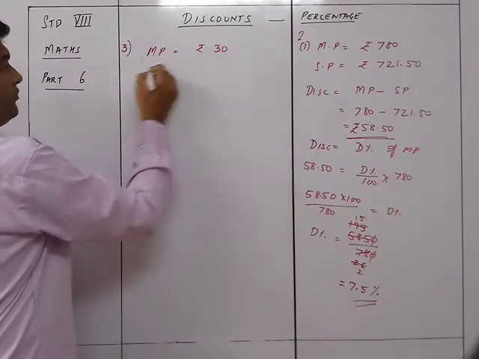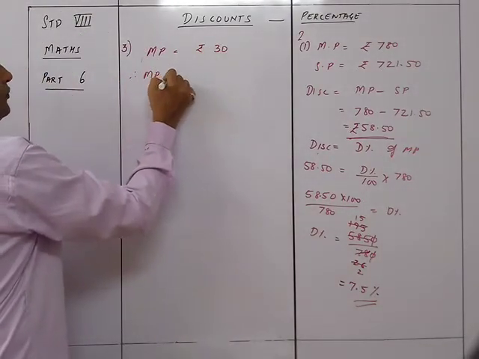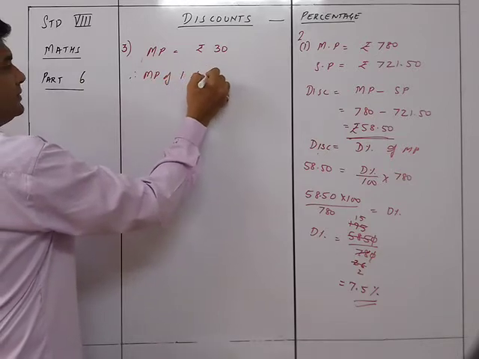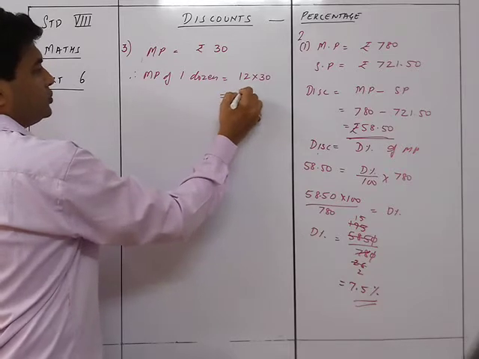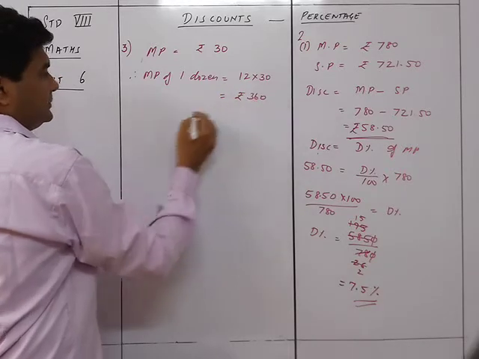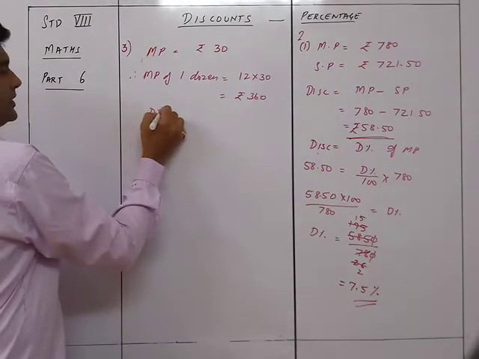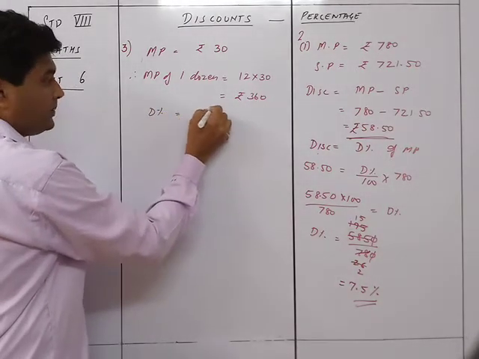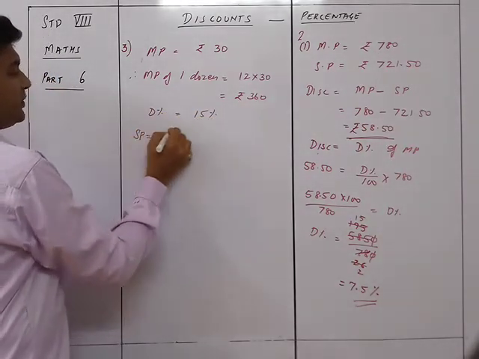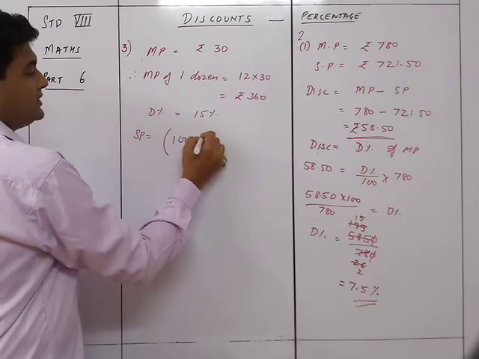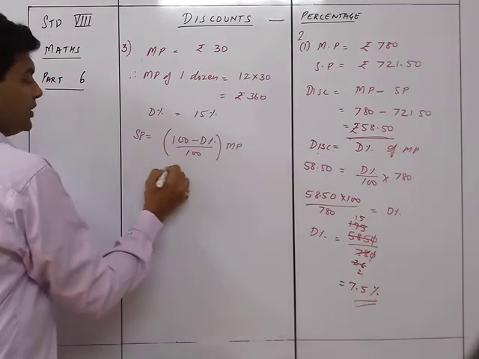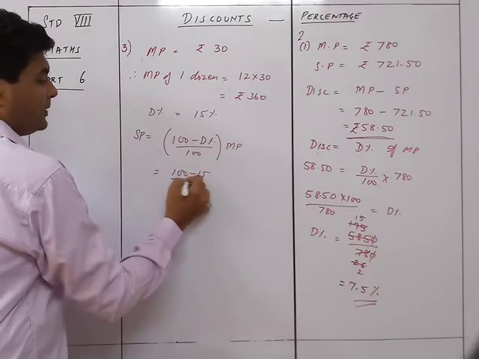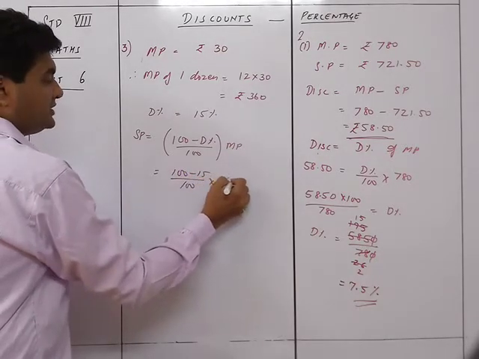Therefore MP of 1 dozen is equal to 12 into 30, which is rupees 360. Discount percent is equal to 15%. So SP is equal to 100 minus discount percent upon 100 into MP. So that will be 100 minus 15 upon 100 into 360.